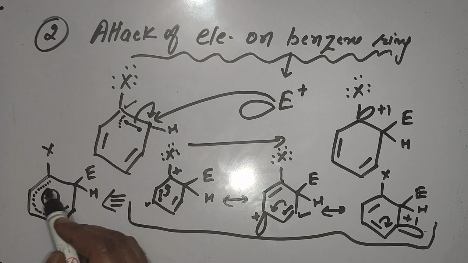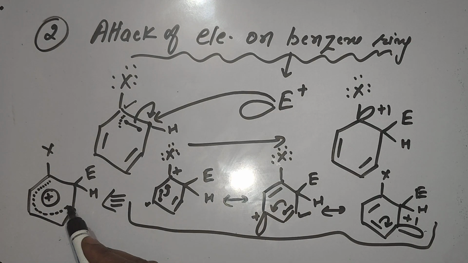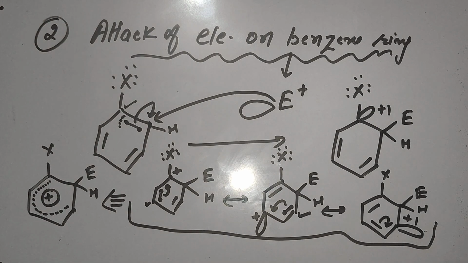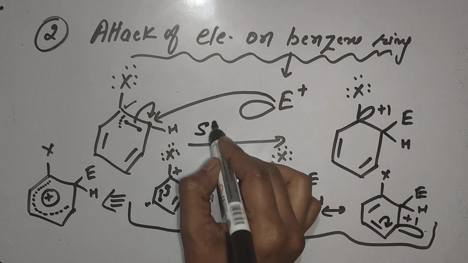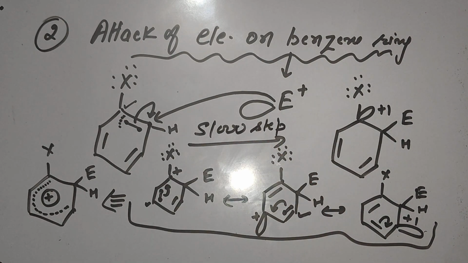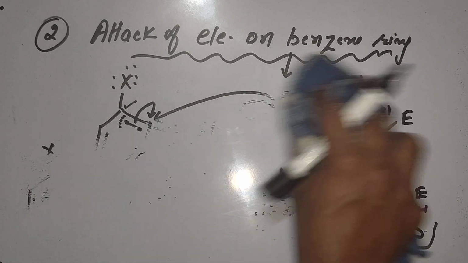Positive means the movement of positive charge from here to this carbon. So this is the hybrid structure of these 3 resonating structures. In this fashion, the second step is happening, and this is the slow step, the rate determining step.